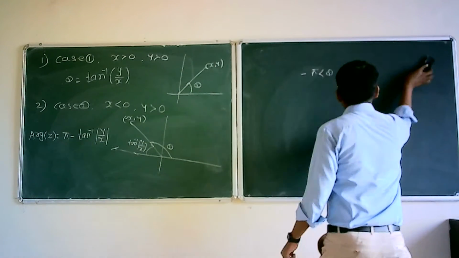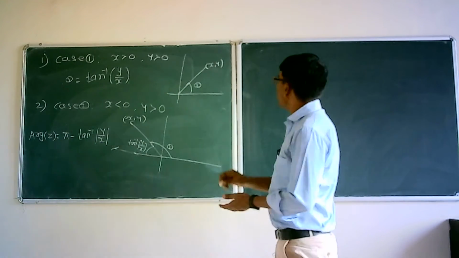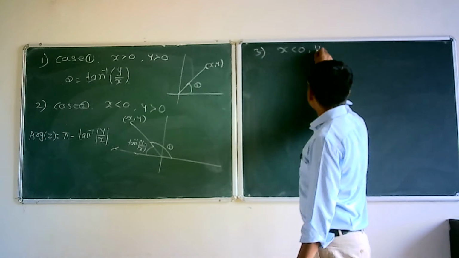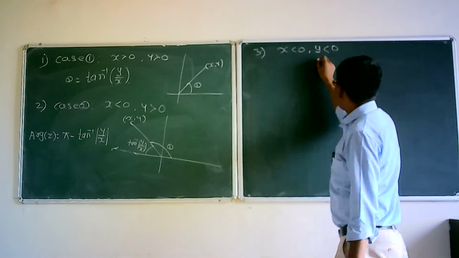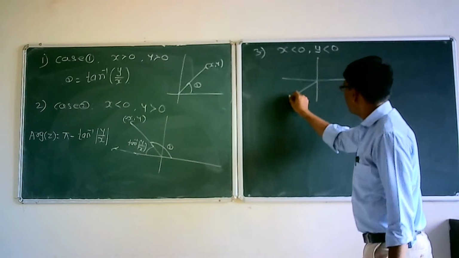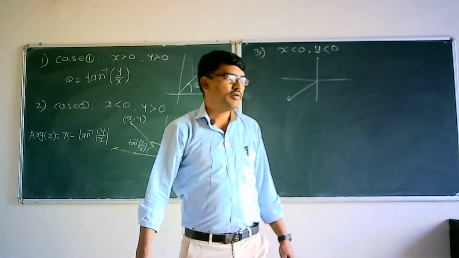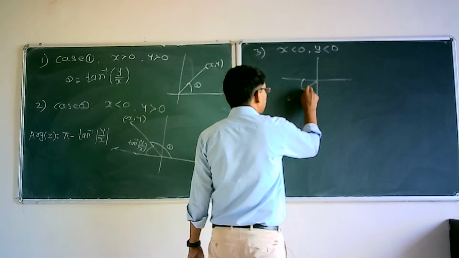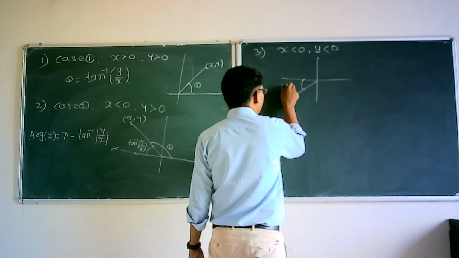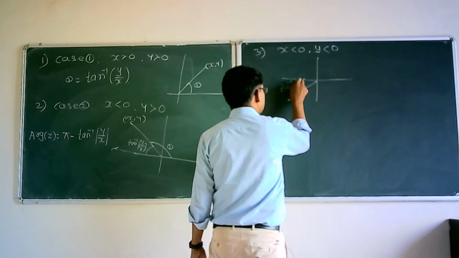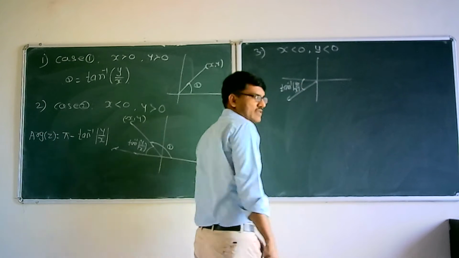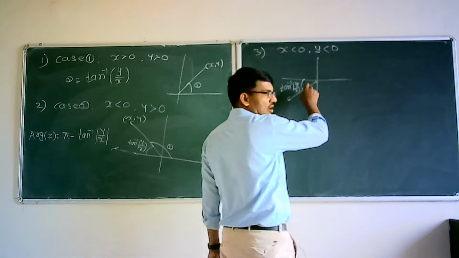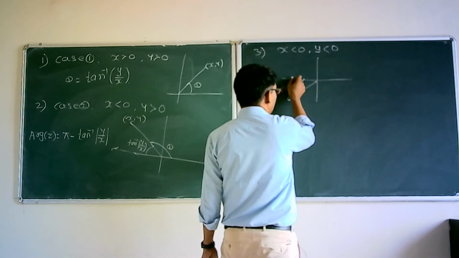Now in the third case, if your x is negative and y is negative, x is less than 0, y is less than 0, it means your complex number lies in the third quadrant. Again this angle is given by tan inverse y by x. Since we want the principal argument, we can't count the angle in this direction; we have to count the angle in this direction.